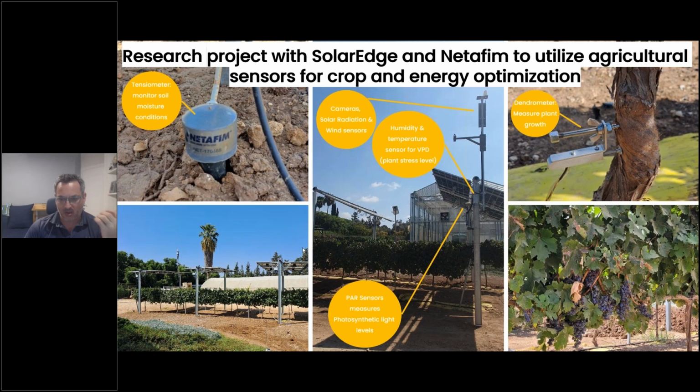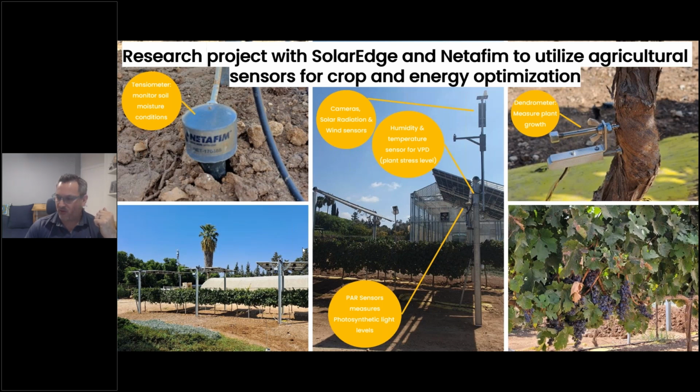But the goal here is to collect the information, the photosynthesis activity, humidity, temperature, things like that from the crops, and then plug them into our SCADA in real time so that we can actually make better decisions that are balancing between the crops and the energy.